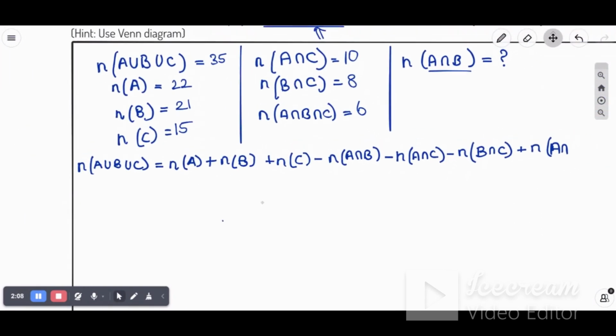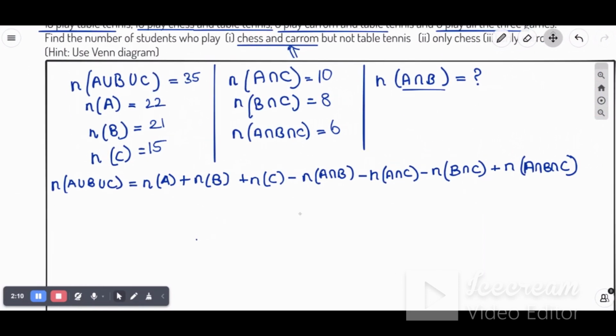I have written the formula here for finding out A intersection B. So let us substitute the values. A union B union C is nothing but 35. Now n of A is 22, n of B is 21 and n of C is 15, and then n of A intersection B intersection C is 10 minus n of A intersection C minus n of A intersection B, which is not given.